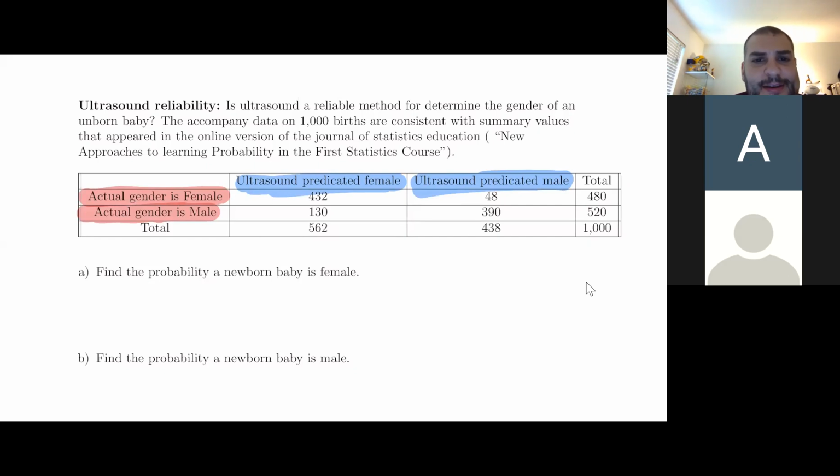Any questions so far on the two-way table? So let's do A. It says find the probability a newborn baby is female. How many total babies actually turn out to be female?